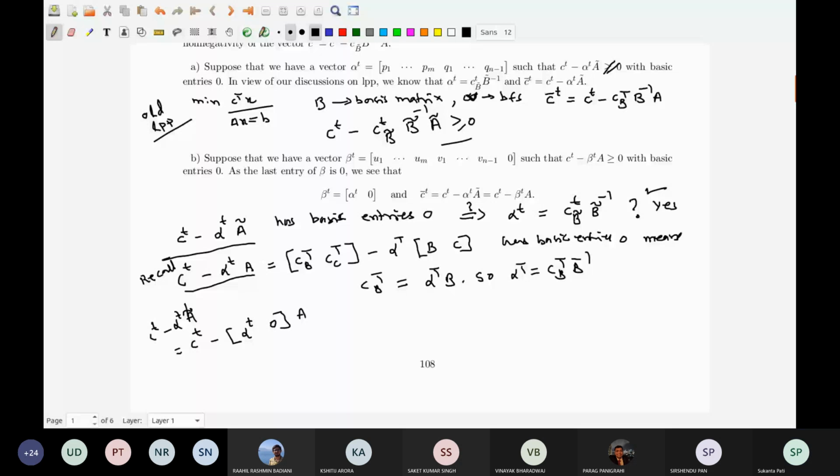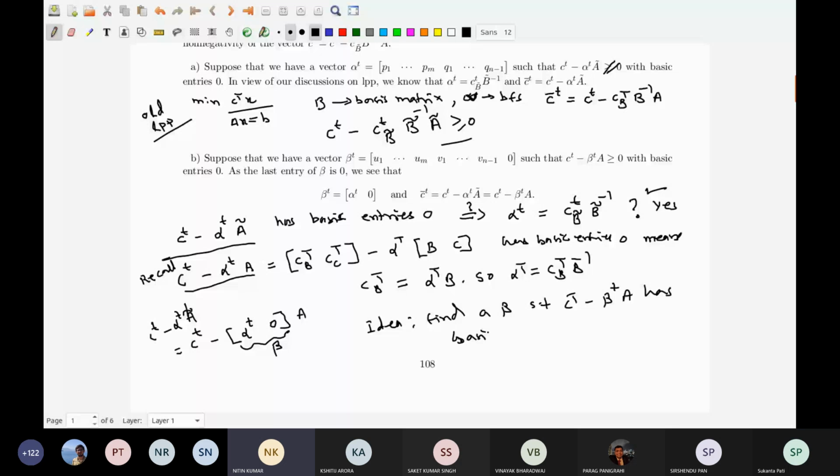So what is the idea? The idea is that somehow I should find a beta. If you call this beta, the idea is to find a beta such that C transpose minus beta transpose A has basic entries 0.